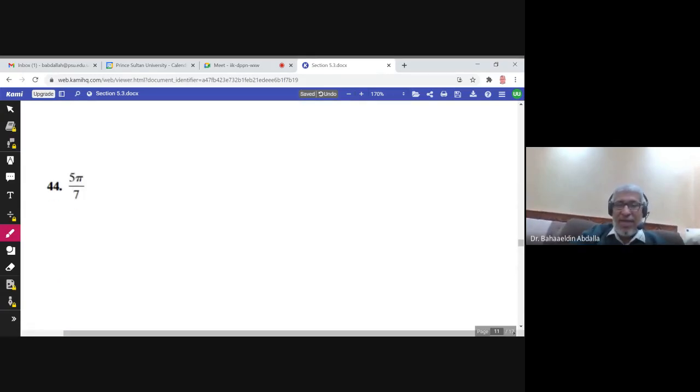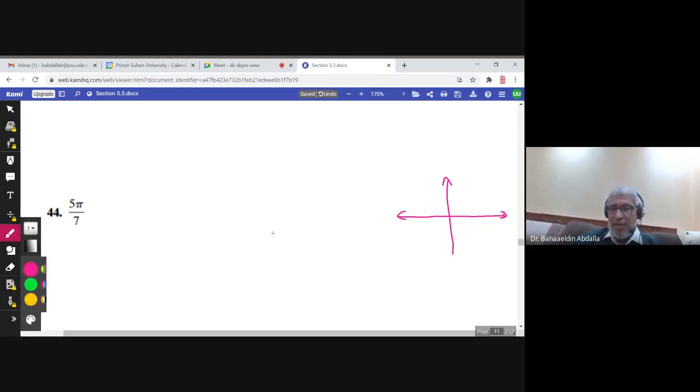To find the reference angle of 5 pi over 7, as usual, I need to sketch the graph of this angle in standard position. Okay, it's a positive angle. So the vertex is here and the initial side is here. And I go in the positive direction. This is 5 pi over 7. So this is pi. Pi would be 7 pi over 7.